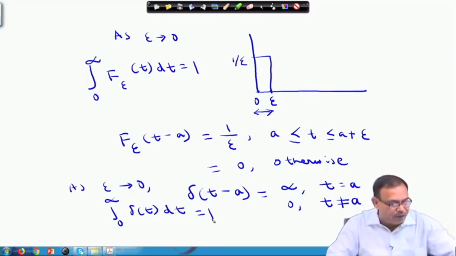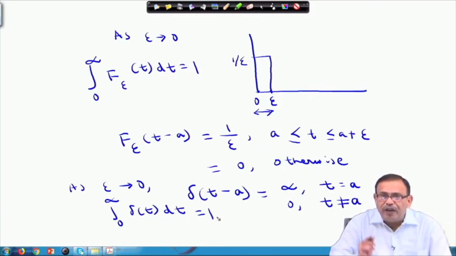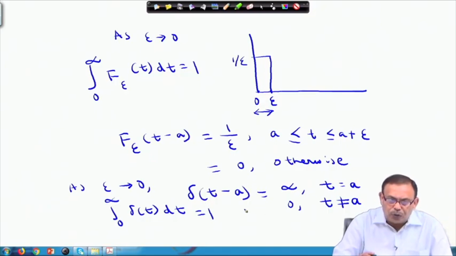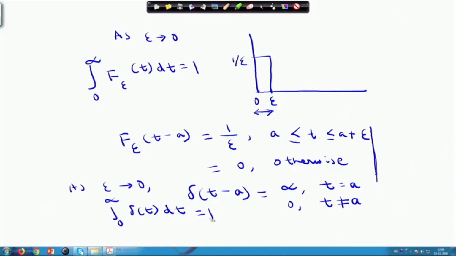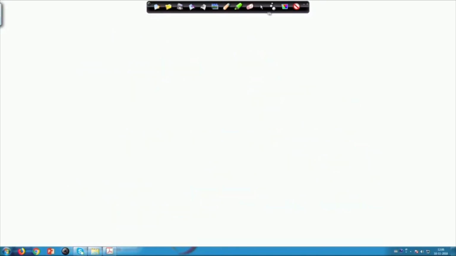As I told you at the very beginning, a very large force acts for a very small period. That is what we define as the Dirac delta function. So, two definitions are there. One we have told from 0 to epsilon, and the other one is this, and in this case the integral from 0 to infinity of delta t dt is 1, or sometimes we define it as the integral of f epsilon t dt also equal to 1.